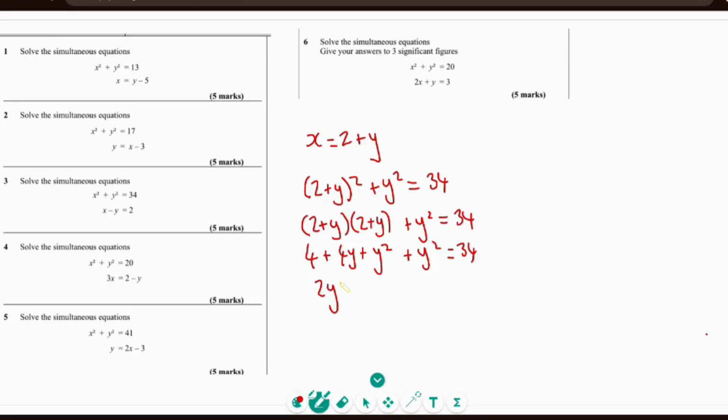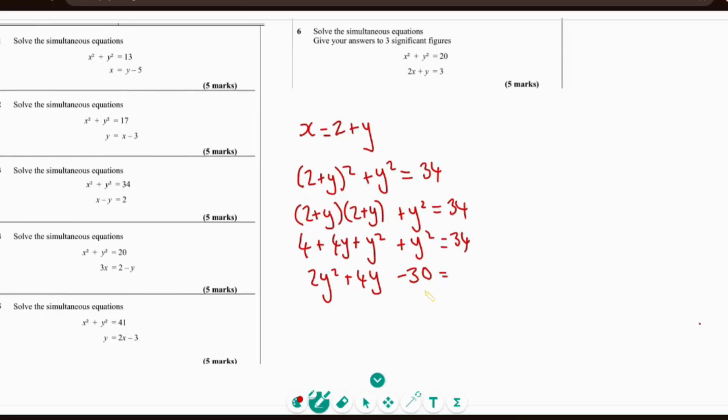Two y squared plus 4y. Take 34 off both sides. Divide everything by 2.